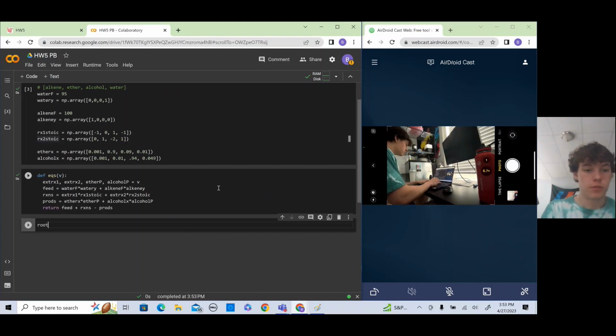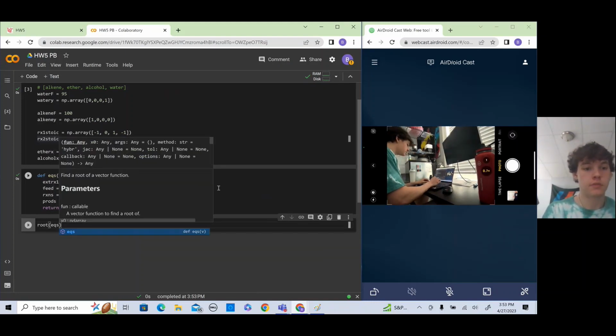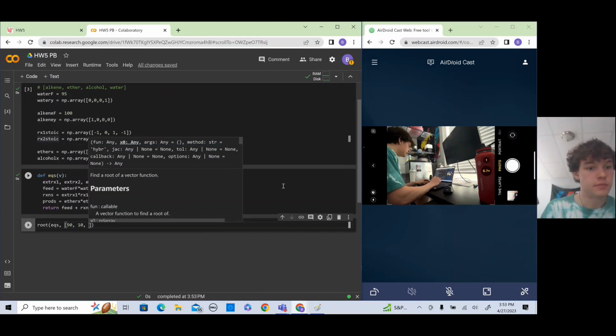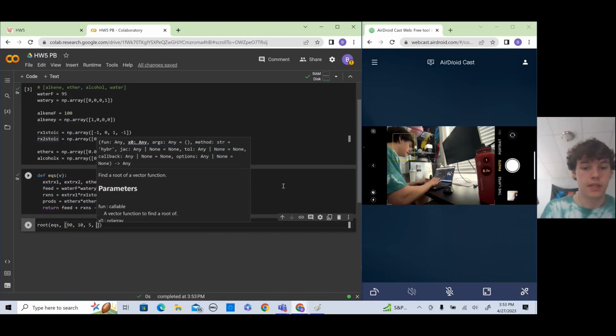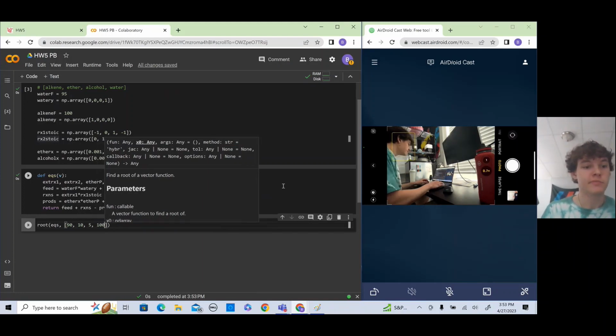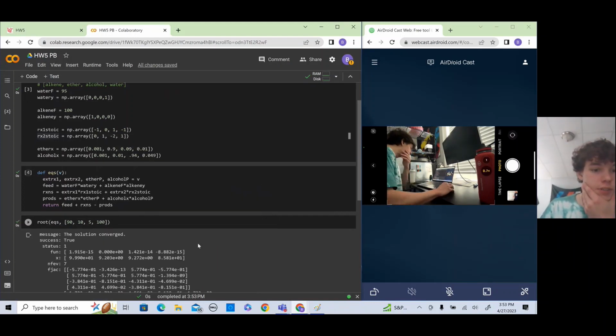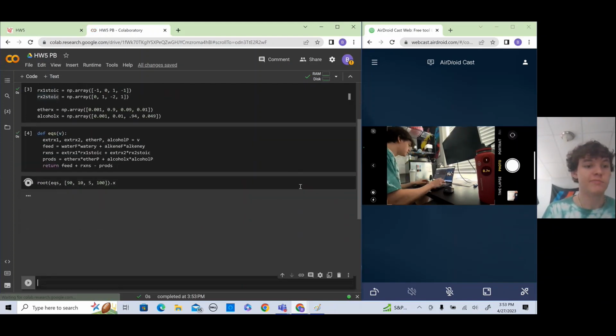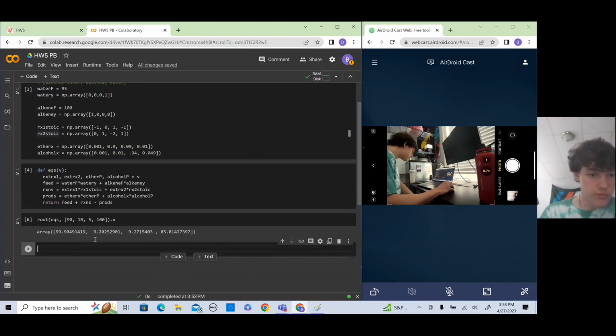So root of our function and our initial guesses will be 90 and ether 5 and 100. And this should give us what we're looking for. So then to get what we're looking for, we'll just go .x. And these will be our extent of reaction 1, so about 100, our extent of reaction 2, our flow rate of our ether product, and our flow rate of our alcohol product. All right.